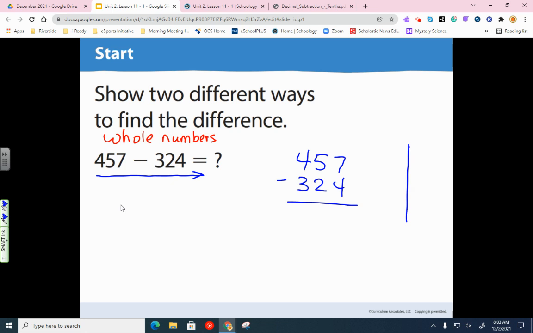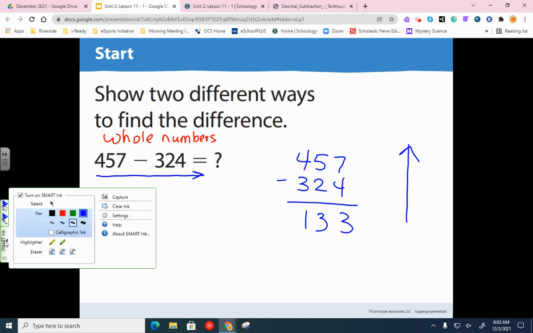Again, there's our vertical, there's our horizontal. And then we do it again by place values. We do our ones, our tens, and our hundreds, to give us an answer of 133. There's no borrowing in this one, and I think we'll try to not do too much of that right away, just so we get the general idea for our subtraction.